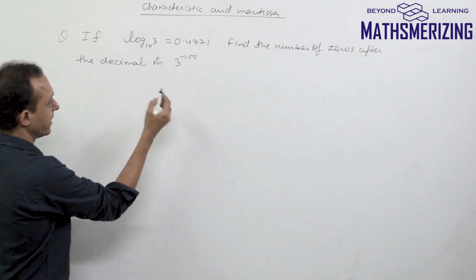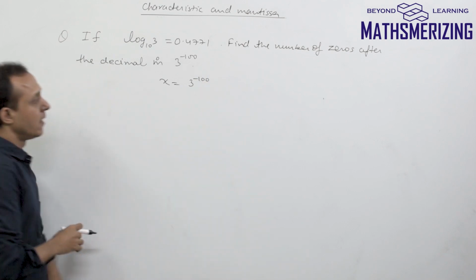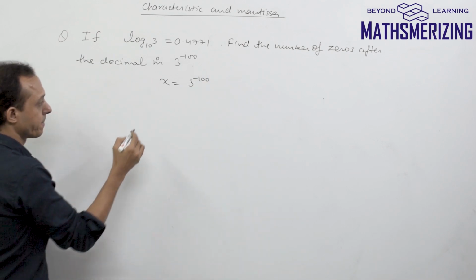So again what I'll do is, I'll take this as x. Now I'll take log both sides to the base 10.